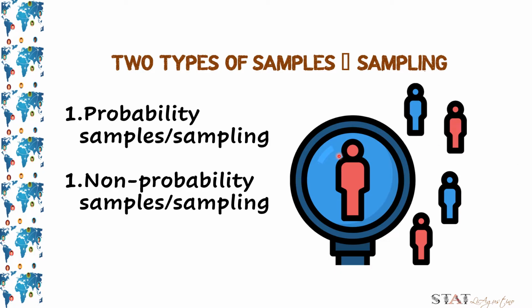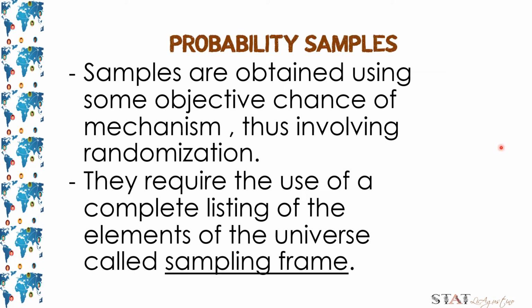Then, there are two types of samples or sampling. We have probability sampling, or non-probability sampling. So, what is probability sampling? This means that samples are obtained using some objective chance mechanism, thus involving randomization.